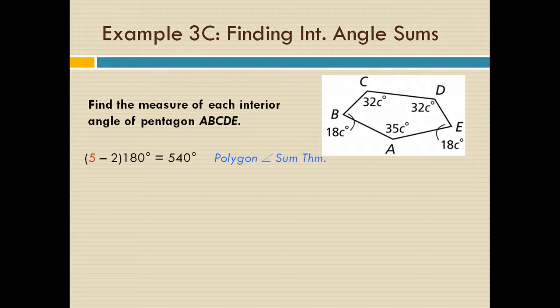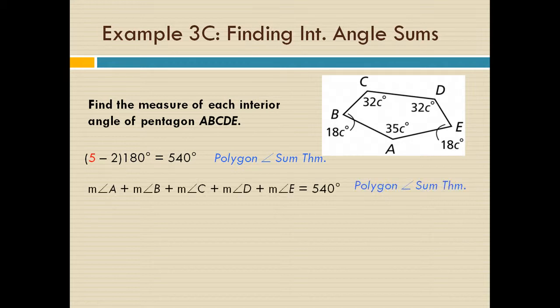So, 5 minus 2 times 180 is 540 degrees. This is from the polygon angle sum theorem. So the measure of angle A plus the measure of angle B, measure of angle C, measure of angle D, and measure of angle E is 540 degrees. That's from the polygon angle sum theorem.